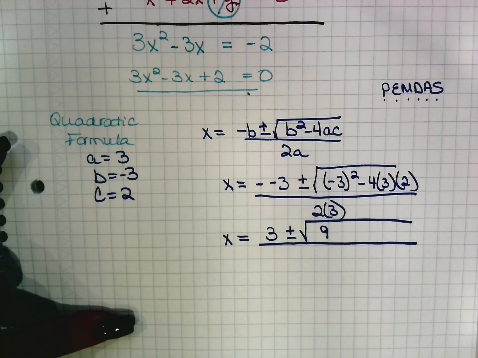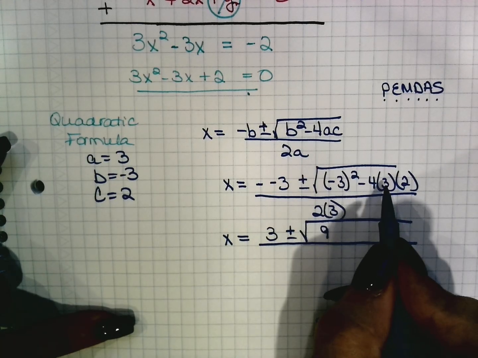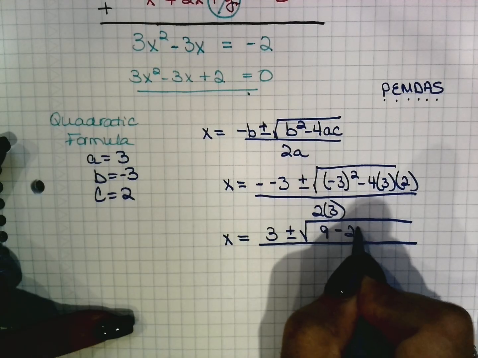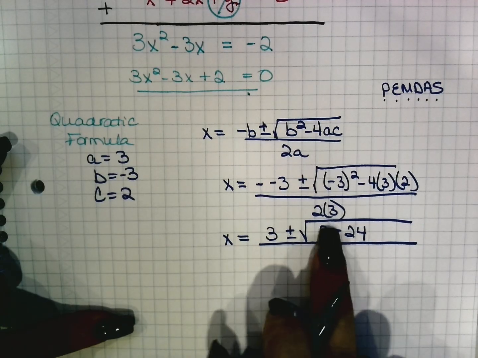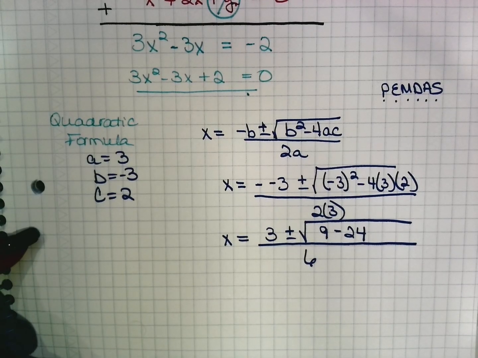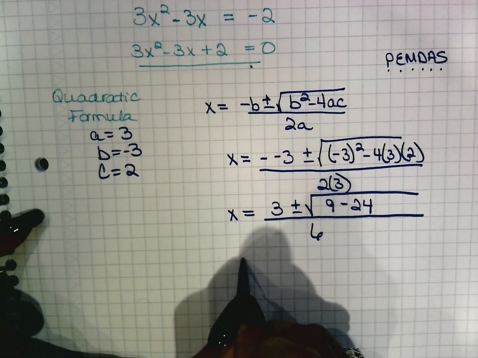And then over here we have -4 times 3, that's -12. -12 times 2, that's -24. And down here in the denominator we just have 6. Okay?